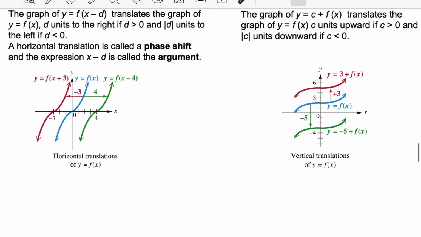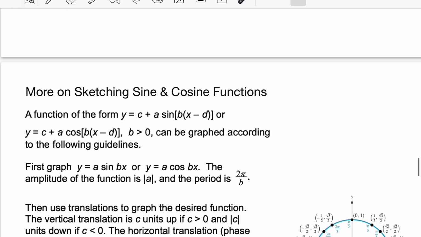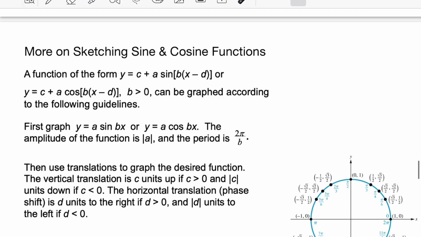So this brings us to a little bit of an addition to our procedure for sketching these sine and cosine functions. So a function of this form here can be graphed by the following. First we'll graph our sine or cosine function with the given amplitude and period information here.